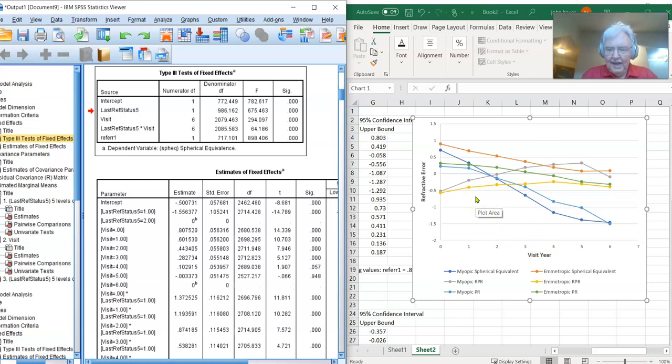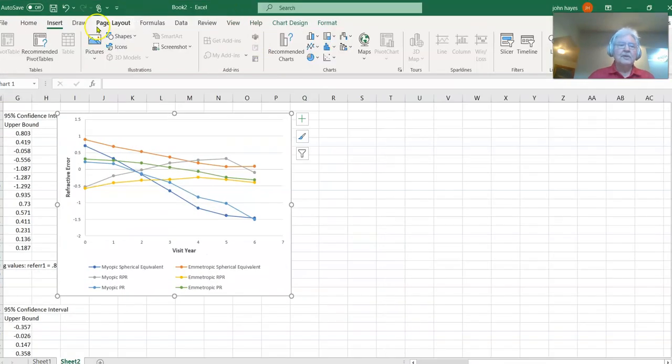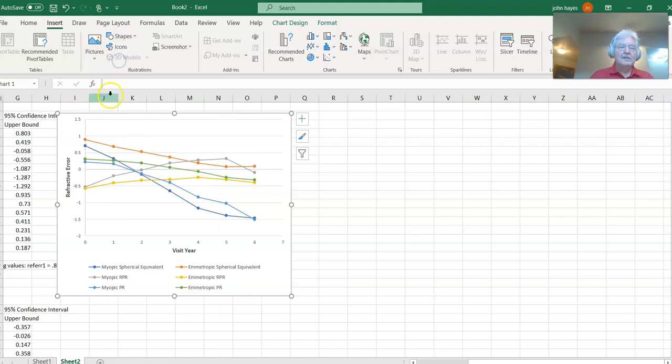So what I wanted you to see is particularly this 0. Now, it's helpful if you insert some additional lines here. So let's bring this back to full screen. Insert shapes, and let's do a line.